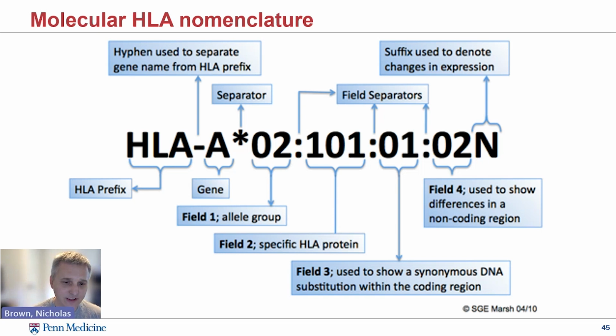And then finally, this last field is used to show any difference in a non-coding region, which shouldn't, but sometimes does affect expression. And then lastly, you can have some suffixes that are added there, most important of which is the N, which stands for null allele. And that's anytime we have determined an HLA allele that has a mutation somewhere in it that can't produce a functional protein, it will get an N there.